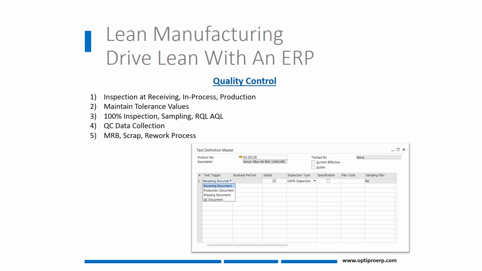So, are we going to scrap it? Are we going to rework it? Are we going to return it to the vendor? Are we going to use it as is? But an MRB location is a central location where the entire organization understands where this material is, and it can be dispositioned, and we have instant visibility at all times. All of this is supported within the OptiPro solution.